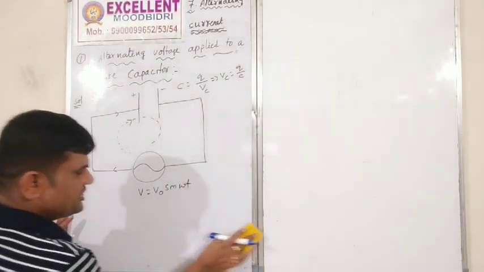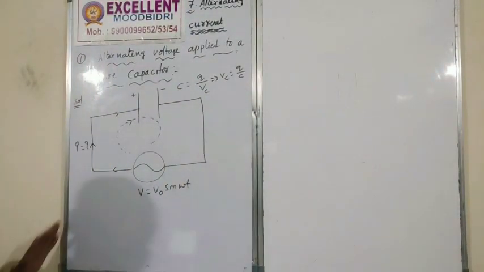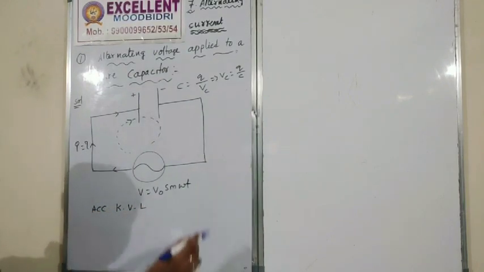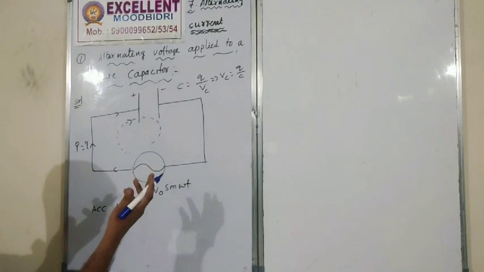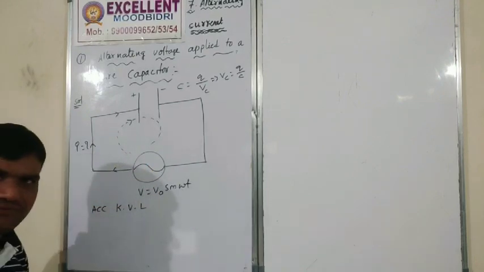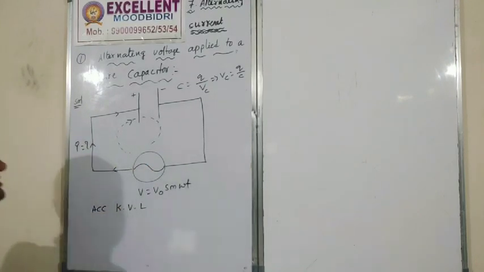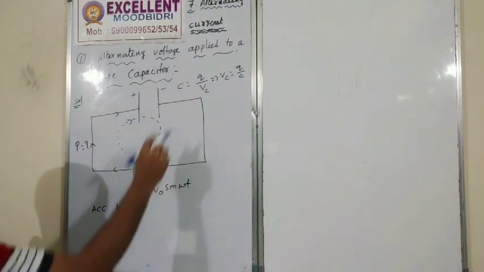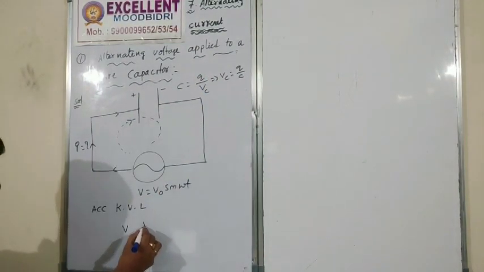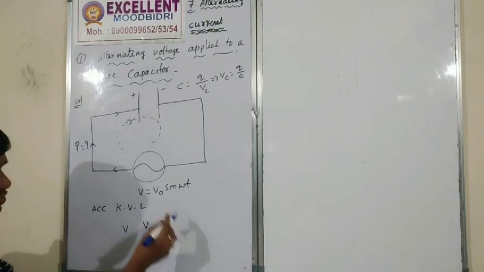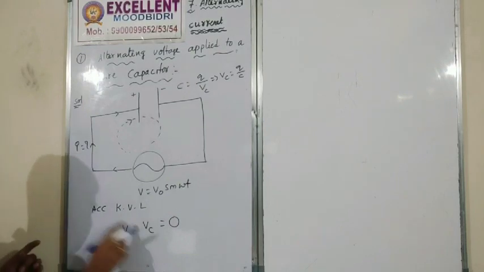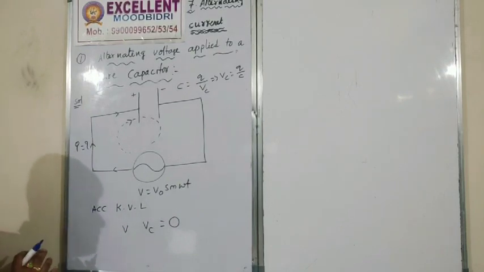According to Kirchhoff voltage law, the total EMF is equal to the product of current and resistance. There is no resistance, therefore V and Vc equal I into 0. Now the sign here, positive or negative, is my question.